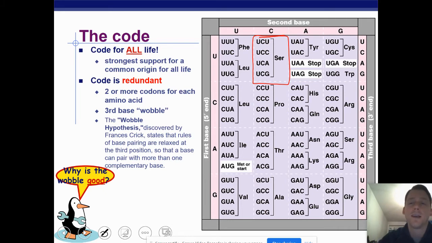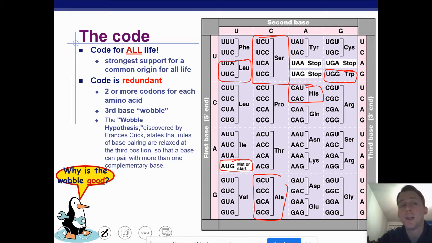Alanine also has 4, but something like leucine only has 2 different codons to code for leucine. Methionine only has 1. Methionine is the start codon. It's the very first one. Tryptophan also has only 1. Histidine has 2. So depending on the amino acid, there's 1 or 2 or more codons for each amino acid.